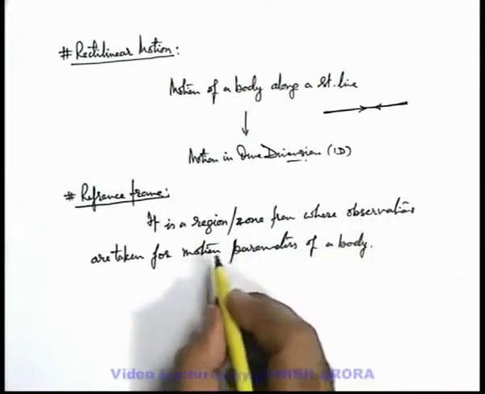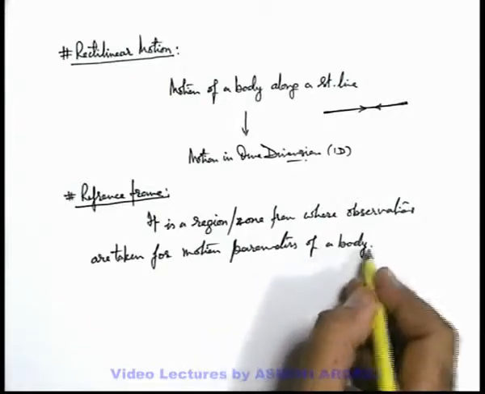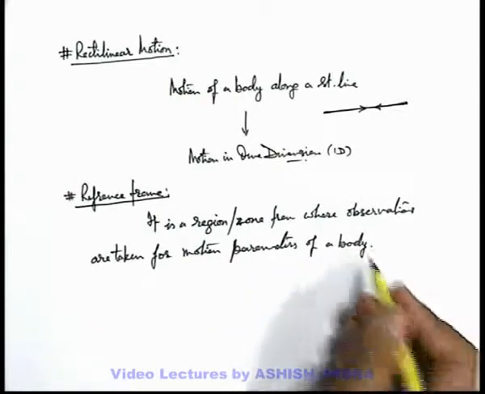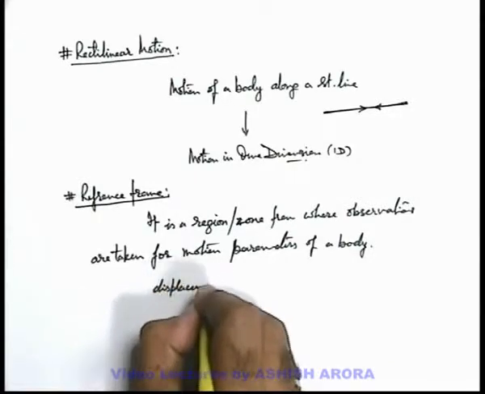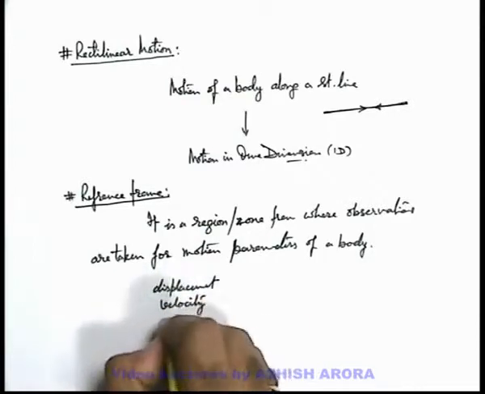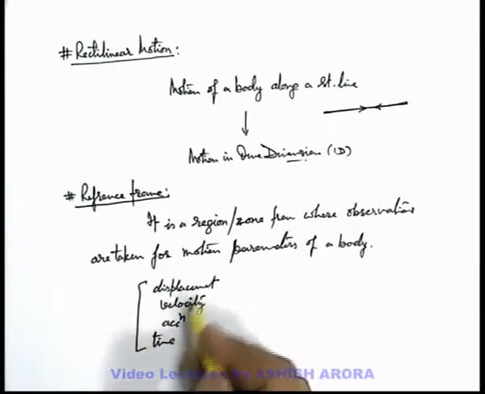When we talk about observations for motion parameters of a body, the parameters associated with the motion of a body are displacement, velocity, acceleration, and time.